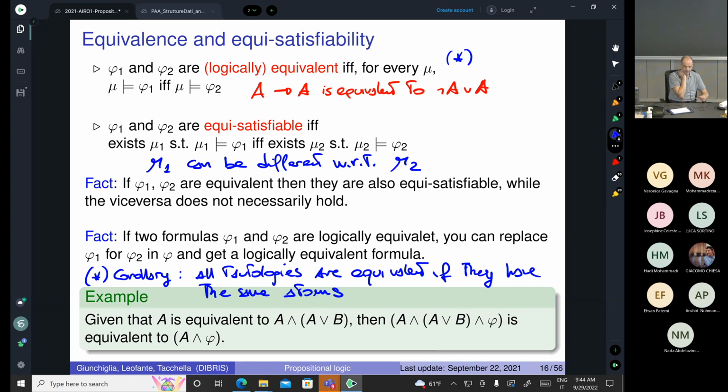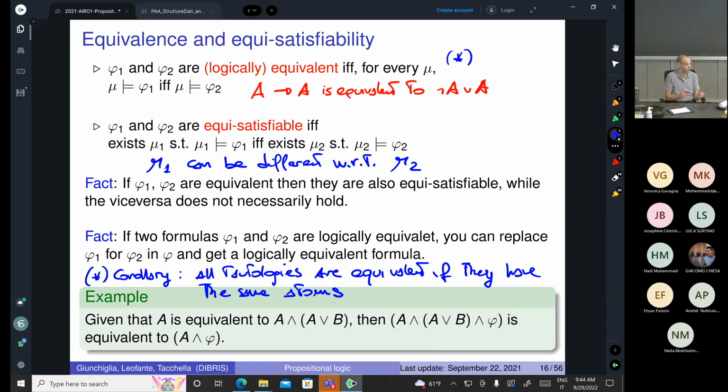But the other way is not true, okay? And this happens, for instance, if two formulas are built on different sets of variables. Maybe you can find an assignment for the first one, and at the same time you can find an assignment for the other, and also the other way around, okay?